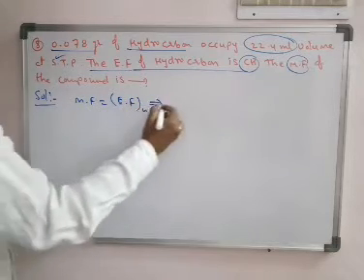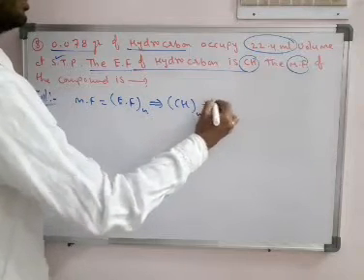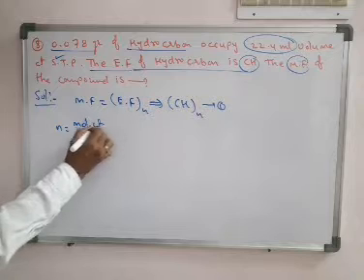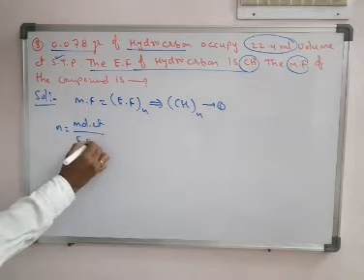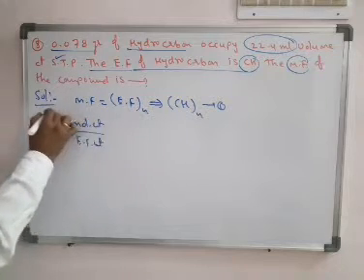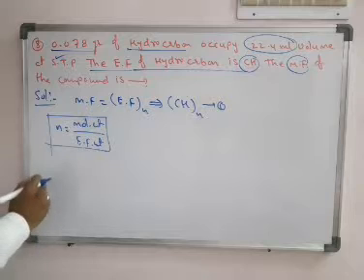So here molecular formula equals CH taken N, and we have to find N. N equals molecular weight by empirical formula weight. We don't know the molecular weight exactly, so we have to find it.